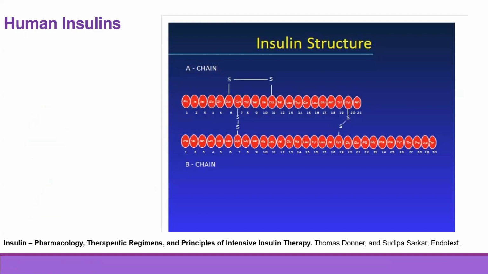Now coming to the normal insulin structure, which all of you are aware of, it is roughly 51 amino acids, and they have two chains. One is the A chain, another is the B chain, and these two chains are linked with each other with two disulfide bonds. Now, whatever newer varieties of insulin were discovered or developed, they had some changes in the insulin structure so that they can change the pharmacokinetic property of the insulin.